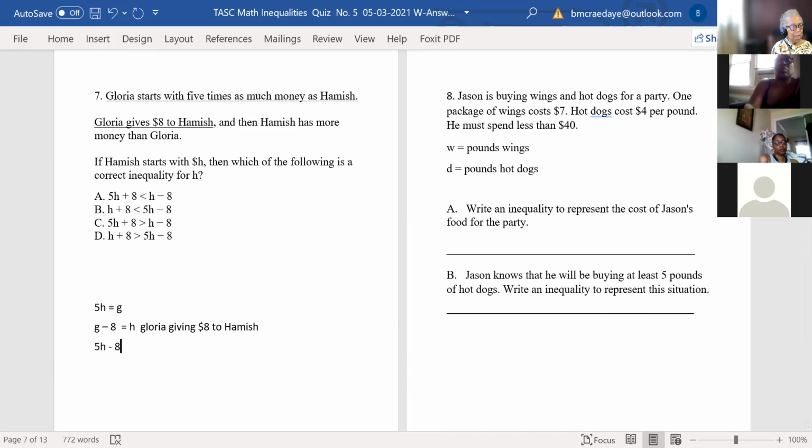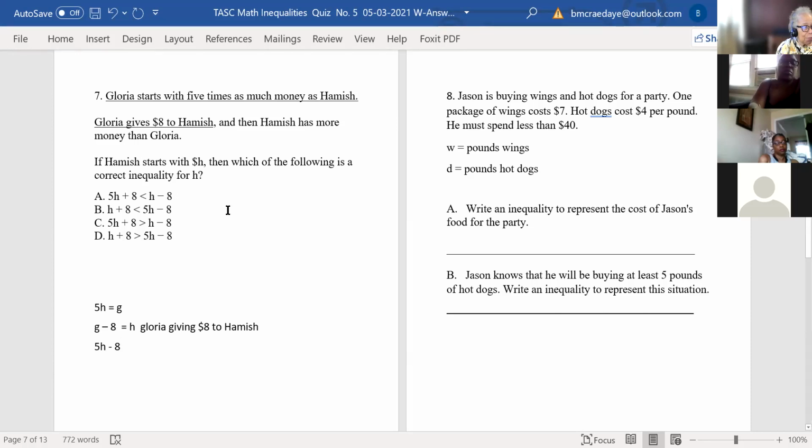Now, which choices have 5H minus 8? Maureen, which choices? A, B, C, or D? B, and D. So that means your answers have to be either B or D, right? But it says if Hamish starts with $8, and we said Hamish should have more money than Gloria, then what must our answer be?